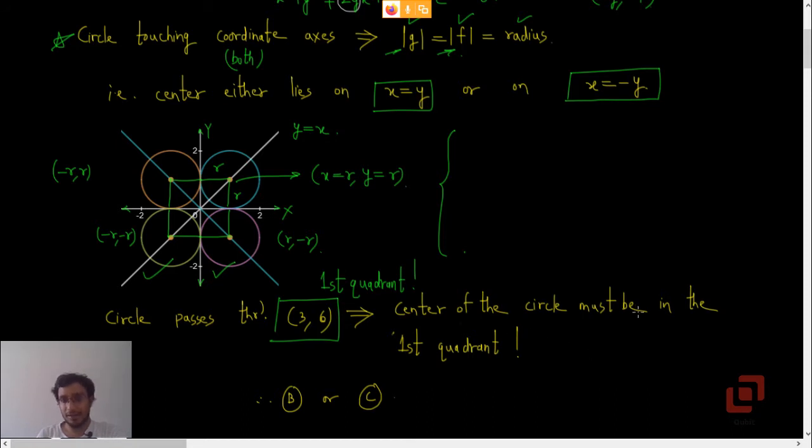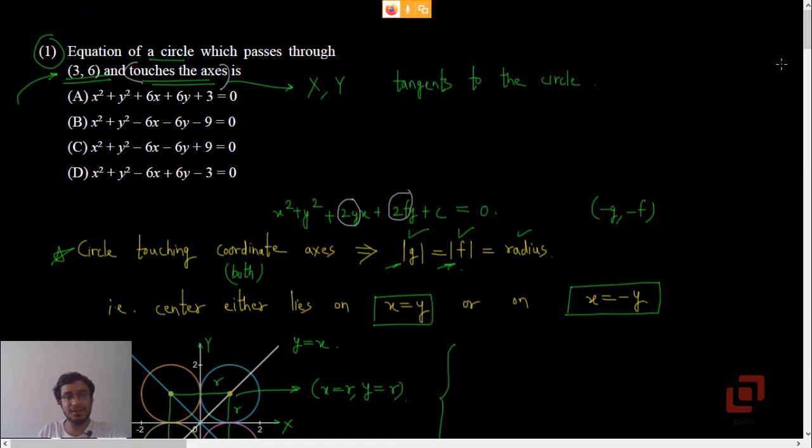Okay, that is another important conclusion that we have drawn. Okay, first one was the center of the circle should either be on x equal to y or x equal to minus y because the circle touches the axis. And second conclusion is if it passes through a point in the first quadrant, then the entire circle including its center will be in the first quadrant.